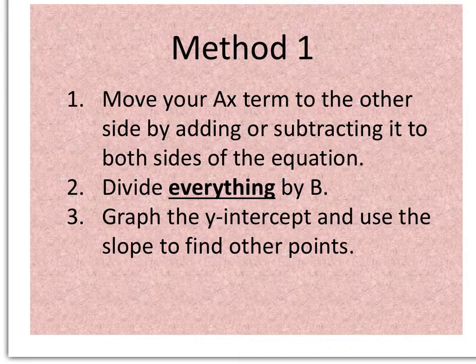Once you've moved your ax term to the other side of the equation, step 2 is divide everything by your b value. After you've divided everything by your b value, then you're going to graph the y-intercept and use the slope to find other points. Because once you've divided everything by b, you then have it in the slope-intercept form of y equals mx plus b.